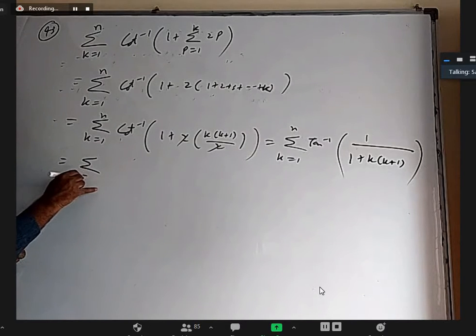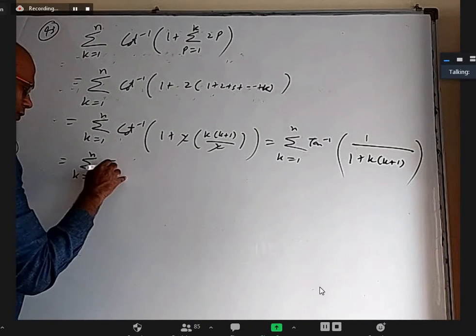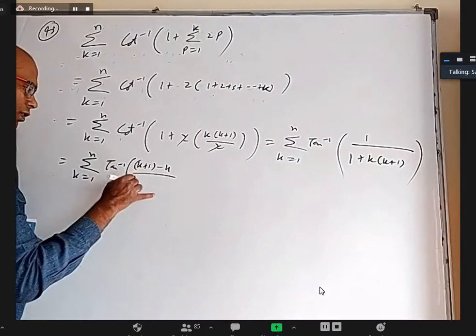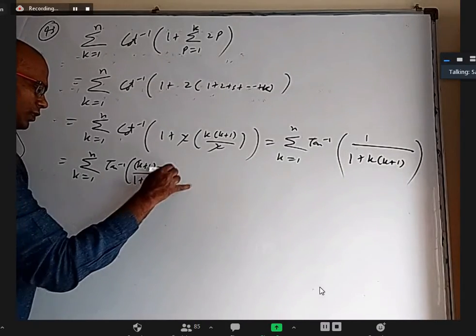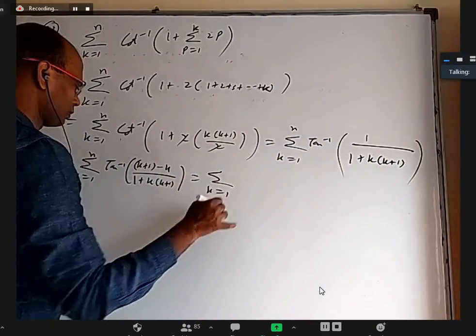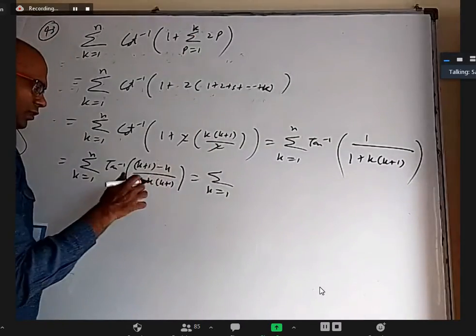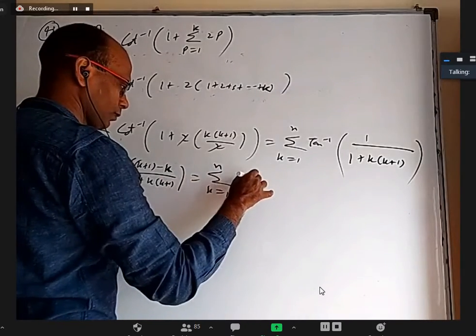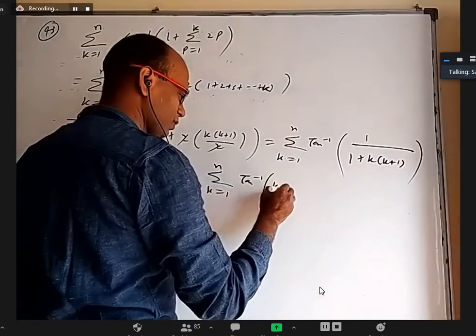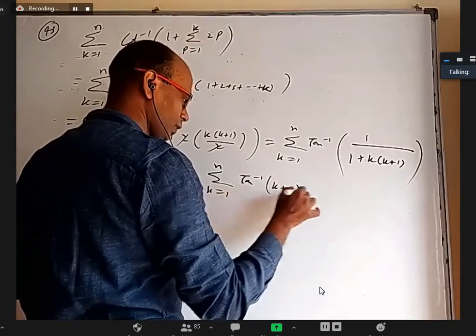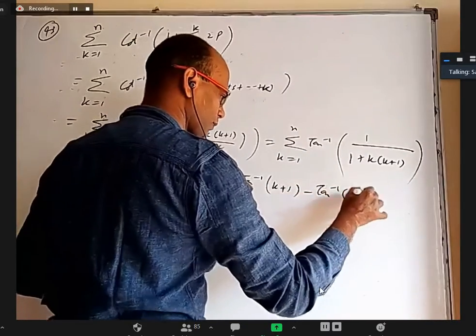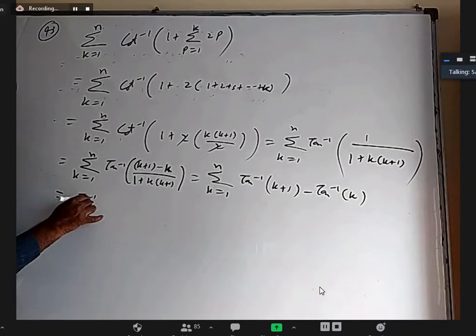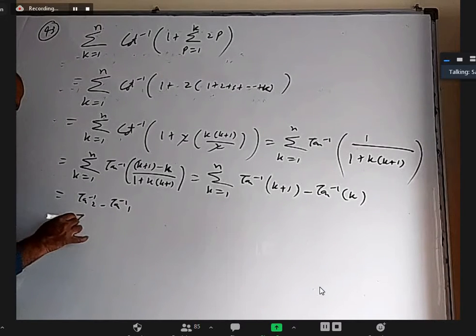Based on the method of differences, the numerator can be written as (k plus 1) minus k and the denominator is 1 plus k into (k plus 1). That is tan inverse (x minus y) by (1 plus xy). We are trying to adjust to that formula because this gap is 1. You'll get tan inverse (k plus 1) minus tan inverse k. Now when you expand this, when you put 1, you will get tan inverse 2 minus tan inverse 1.